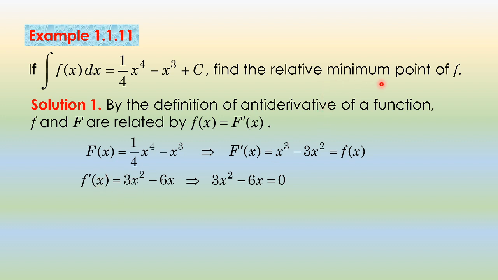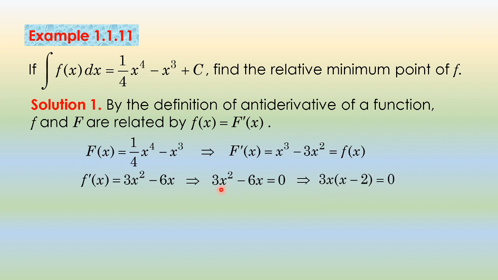To determine the relative minimum point of f, we need to find first the critical points. To determine the critical points of f, we're going to equate its first derivative to 0. So 3x squared minus 6x equals 0.